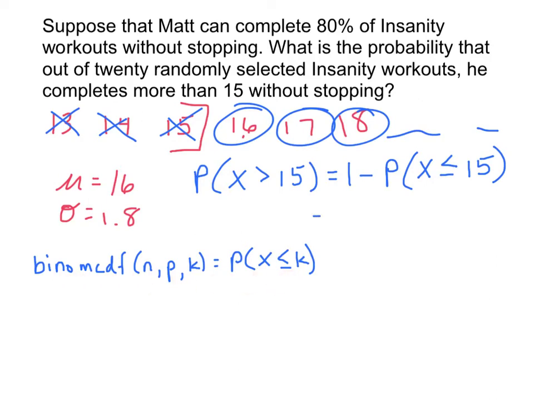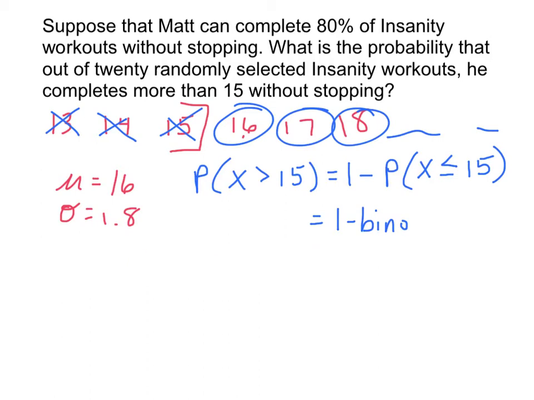So to continue this, I'm going to have 1 minus binomial CDF. Let me get rid of some of this stuff so that it's not in your way. So 1 minus binomial CDF, and again, my inputs are going to be 20, 0.8, and now my upper bound of 15.